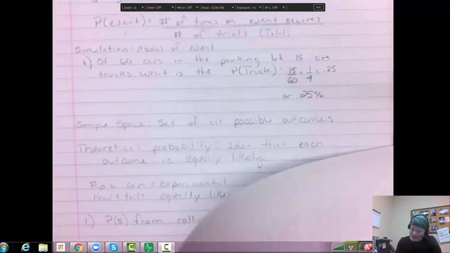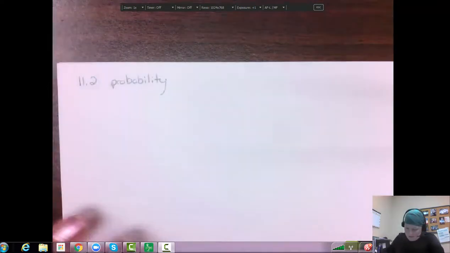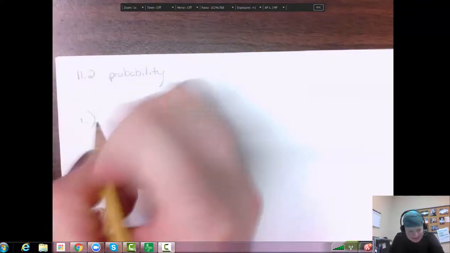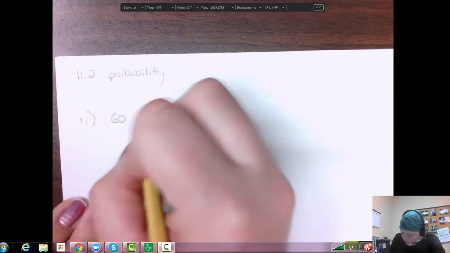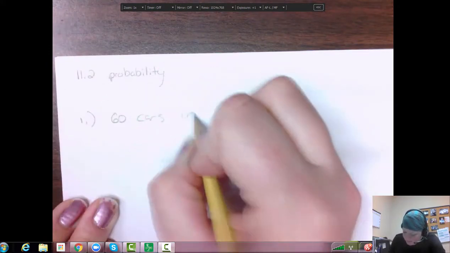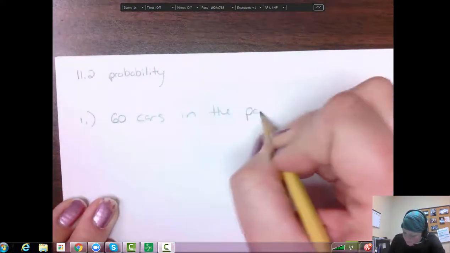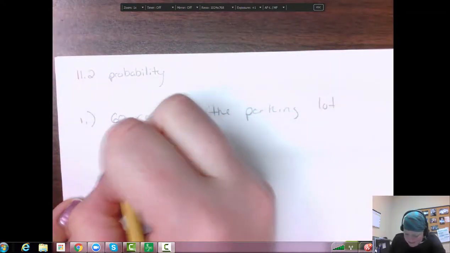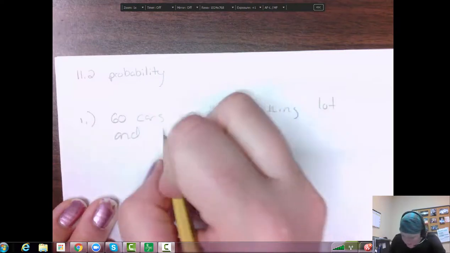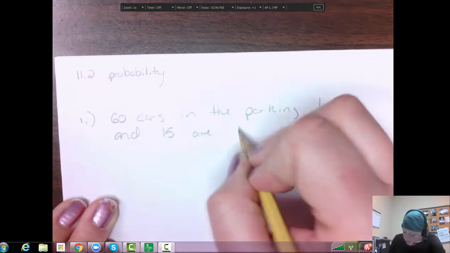Let's go ahead and look at some examples of all of the above. All right, so my first example could be if there's 60 vehicles in my parking lot, and 15 are trucks.